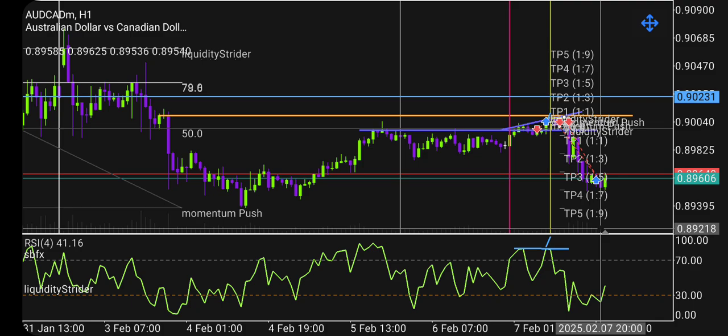What else, guys? This is the liquidityStrider strategy. We have to believe in the strategy. We never waver from this plan, guys. Once we jump into the market and lose, why are we losing? Because we wavered from the plan. That's all I want to say, guys. This is the liquidityStrider strategy.